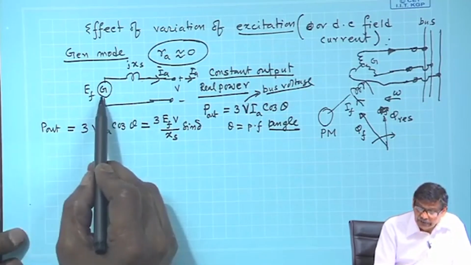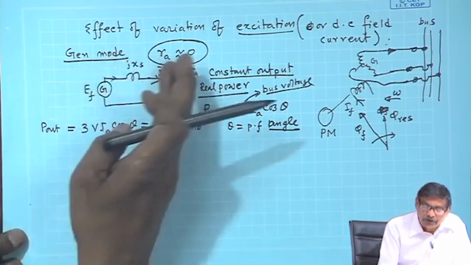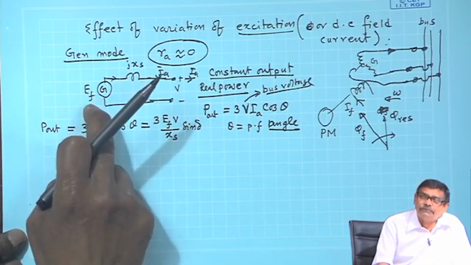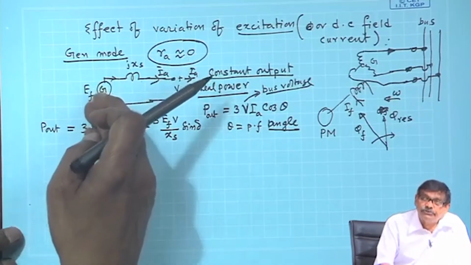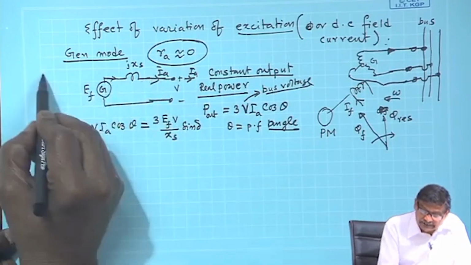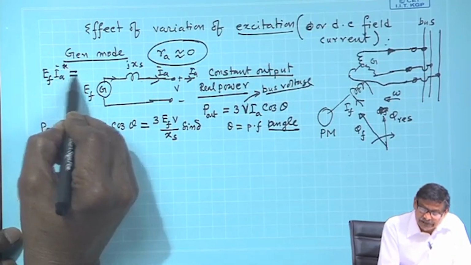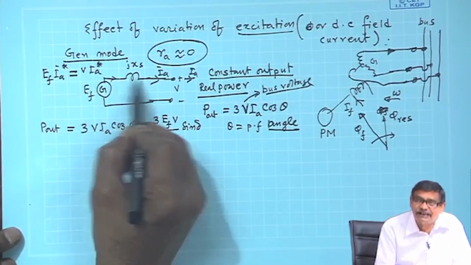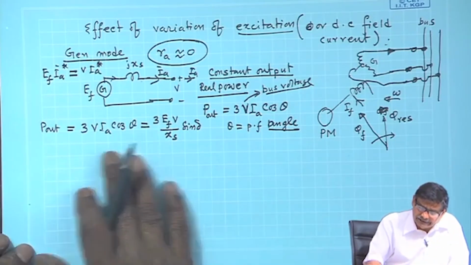That is, if you calculate E_F I_A star, it will give you the total power output, looking from the excitation, I mean the EMF induced in the generator side. E_F I_A star must be equal to V I_A star. Why not? Because there is no power loss here. It is a good exercise, you can easily show this, but nonetheless this is true.